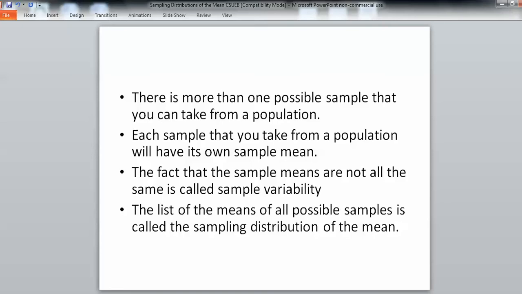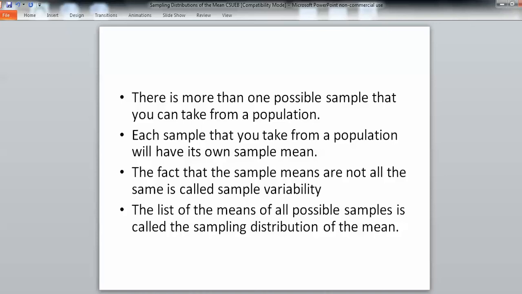You can think about it this way. If another researcher goes to that university and recruits his or her own group of 50 people, as long as that group isn't the same exact group of 50 people that I recruited, meaning as long as there's at least one person in the other researcher's sample that isn't in my sample, then the other researcher's sample would be considered a different sample of the population than my sample.